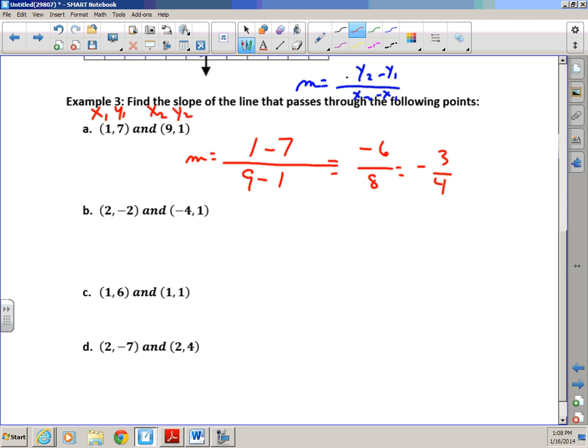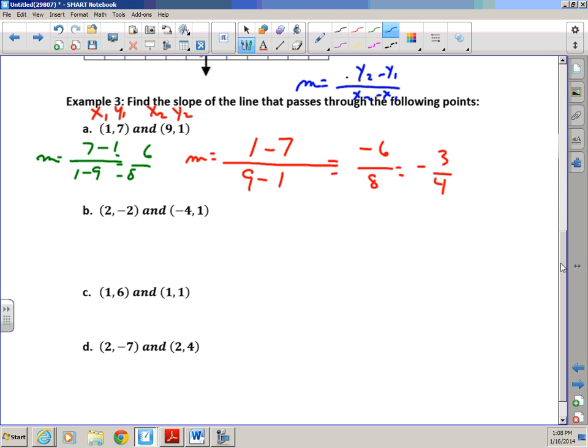Okay? Now, just to show you for this example, if you reversed the x's and the y's so that you said, I'm going to do 7 minus 1, and then if 7 comes first, the 1 comes first, over 1 minus 9, you get the same answer because it's a negative 8 but a positive 6. It's still only one negative sign.